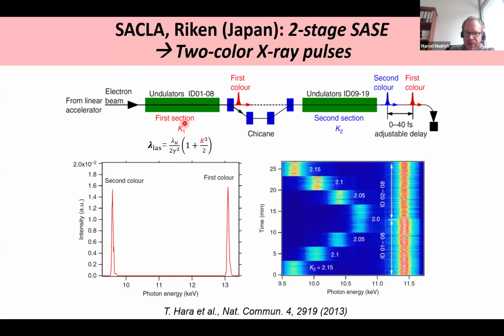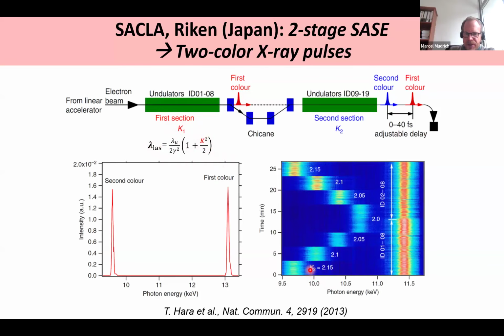Remember these K parameters, that's the undulator parameters. That's this constant in our famous undulator equation, which is controlled essentially just by the magnetic field in each undulator. And by changing the K value, we change the wavelength or the photon energy.